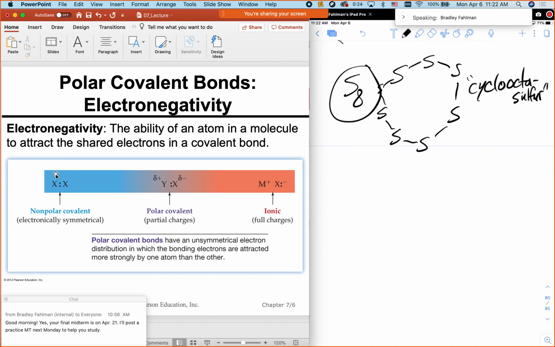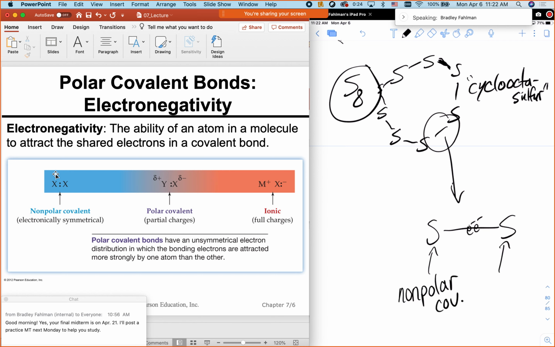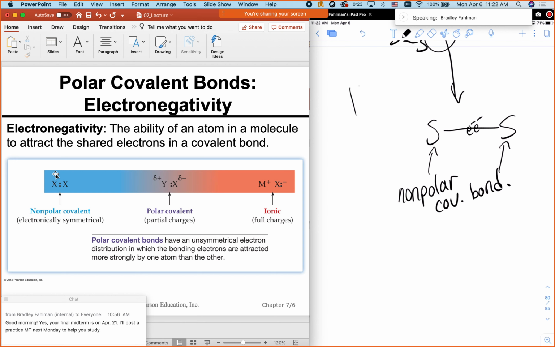In this case, each of these bonds is pretty equal sharing, because it's the same atom on either side. If you were to take a snapshot of this bond, the electrons would be right in the middle between those two sulfur atoms. So if you've got the same atom on either side, it's called a nonpolar covalent bond. Things like all those diatomics would have it, so those would all be nonpolar covalent.